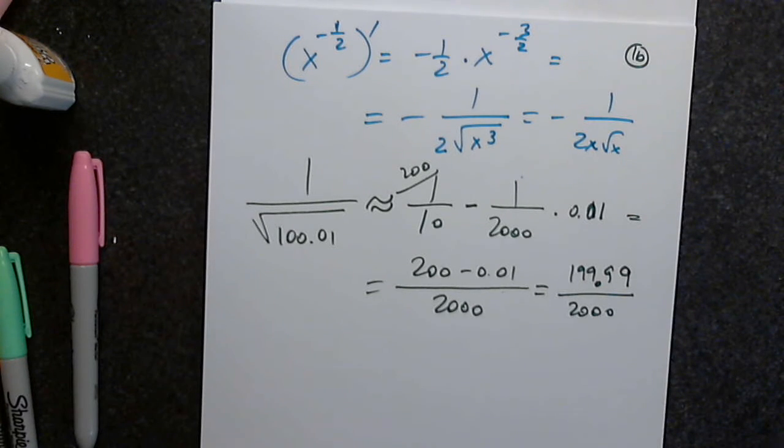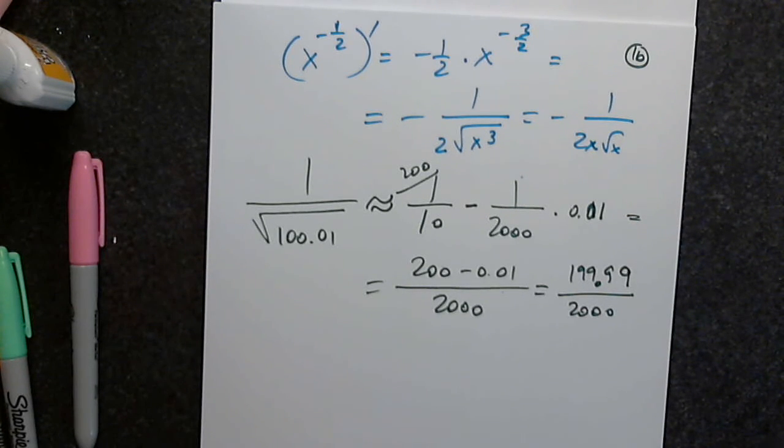And now 199.99 divided by 2,000. Which is pretty good. I mean, 1, 2, 3, 4, 5. 4-digit accuracy.